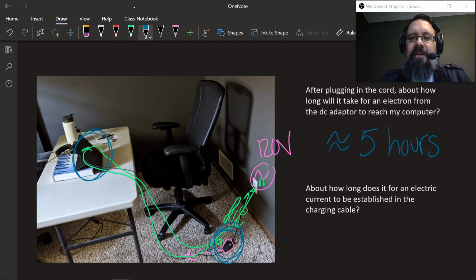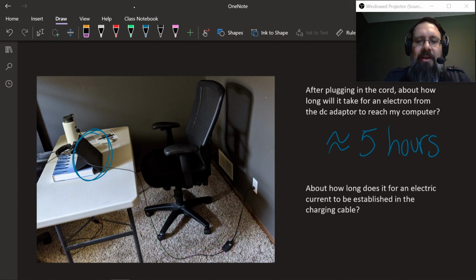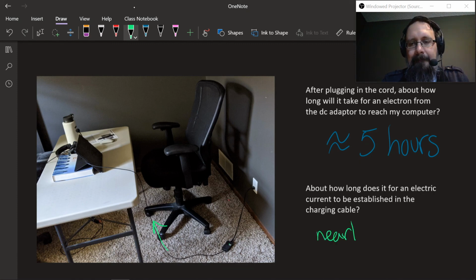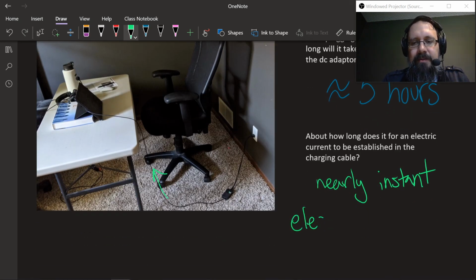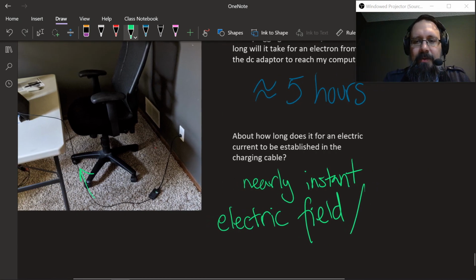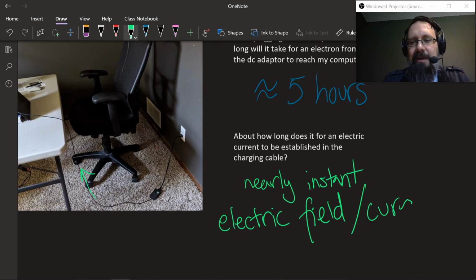How long does it take for an electric current to be established in the charging cable? So after I plug it in, how long does it take from when I plug it in to there being a current flowing through this cable? The answer is it's nearly instant. That's because the electric field and the current are established at the speed of light.